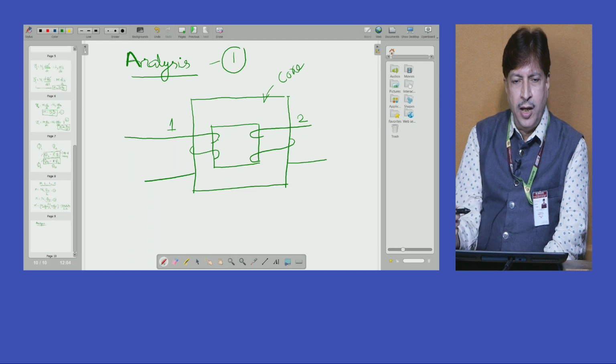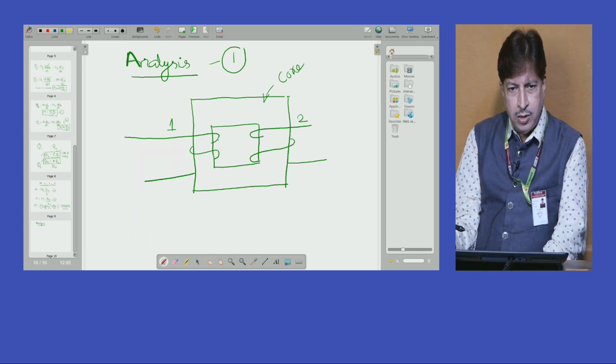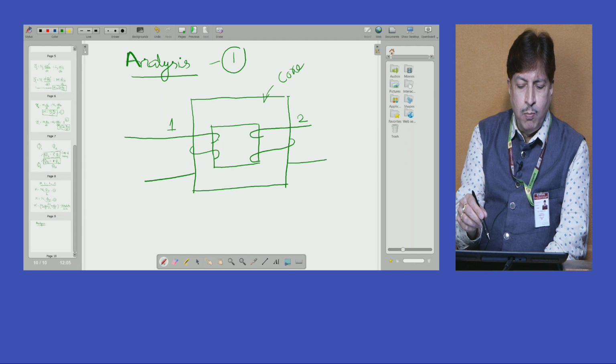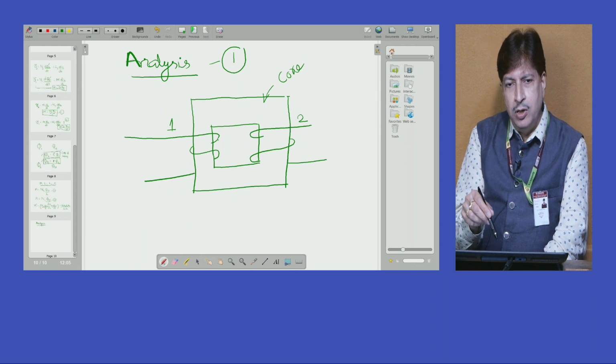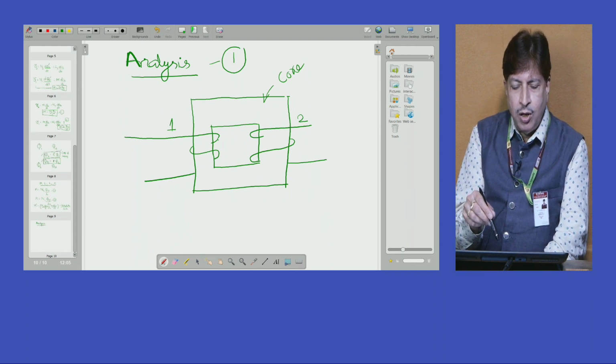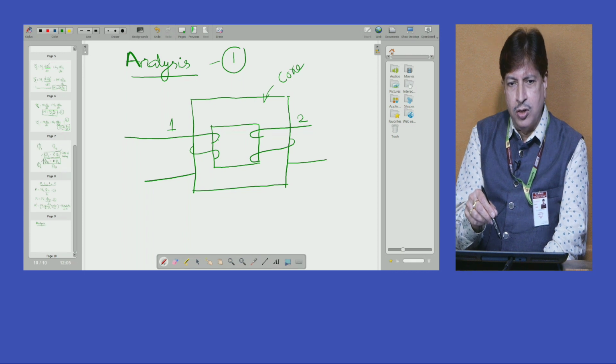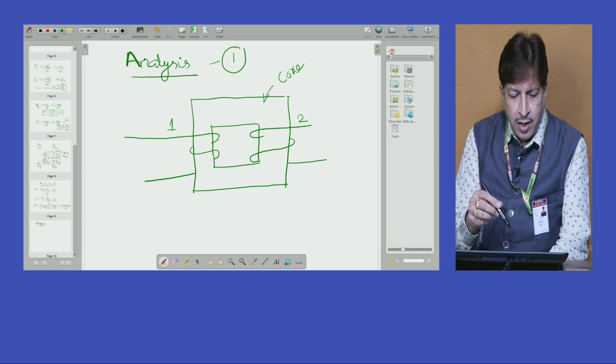Both are not electrically coupled, they are magnetically coupled by means of the core on which the windings are arranged.